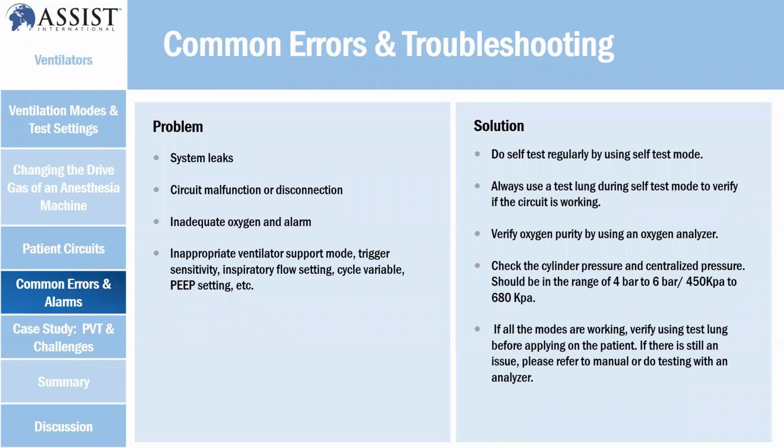In some countries where I have experience, they don't have a medical grade regulator. So they try to use an industrial grade regulator. An industrial grade regulator can go up to 12 bar. Your medical equipment, the ventilator, only works from 4 bar to 6 bar.